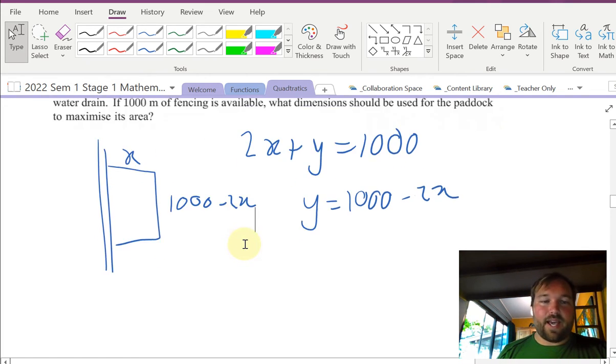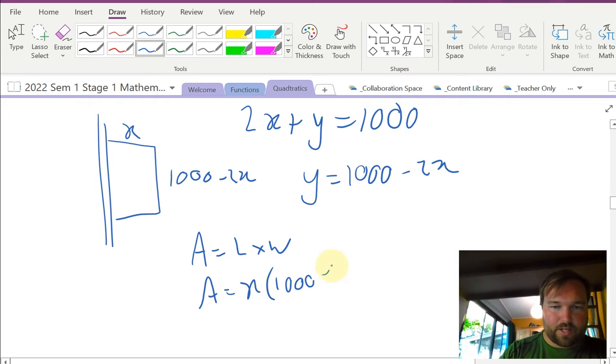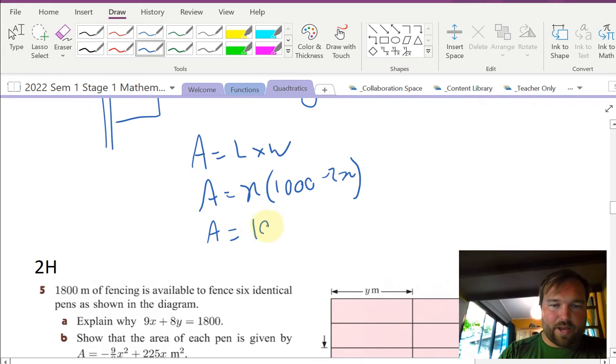And then we want to maximize the area. So the area is going to equal length times width. Area is x multiplied by 1,000 take 2x. Area is 1,000x minus 2x squared.